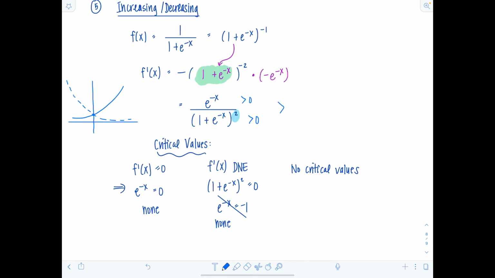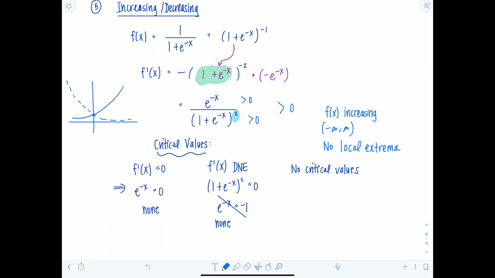So that means the first derivative is always positive. So f of x is increasing where on its domain? What's its domain? All real numbers. Wow, so there's no local extrema. Nope. Or absolute extrema either, for that matter.